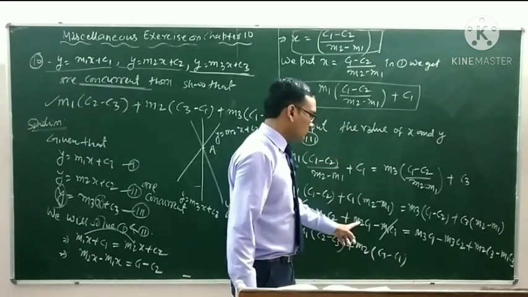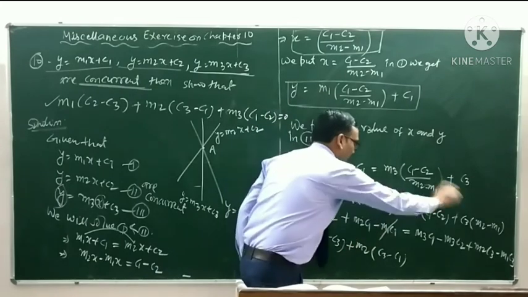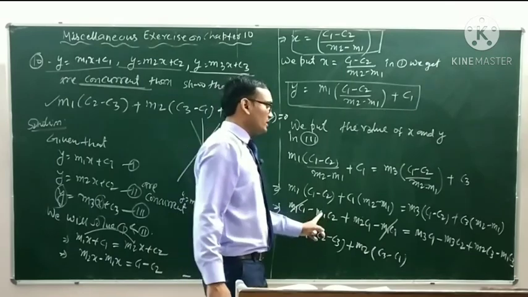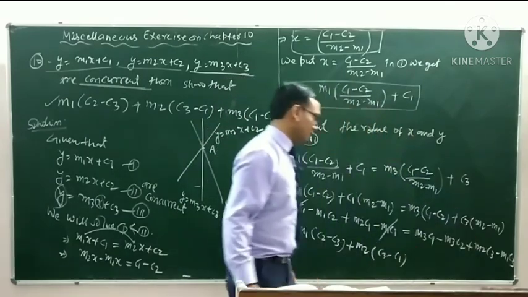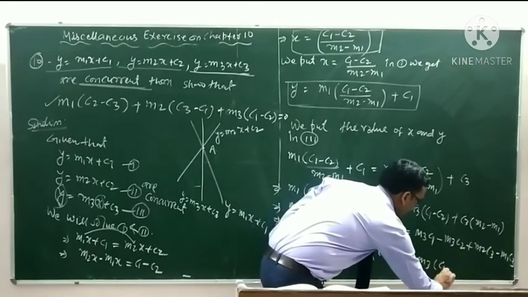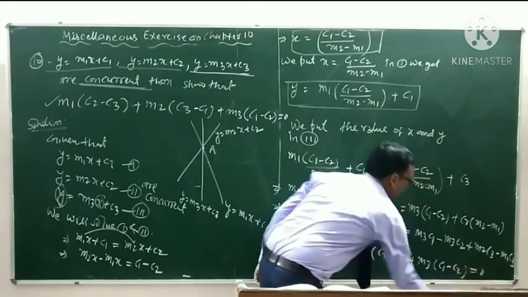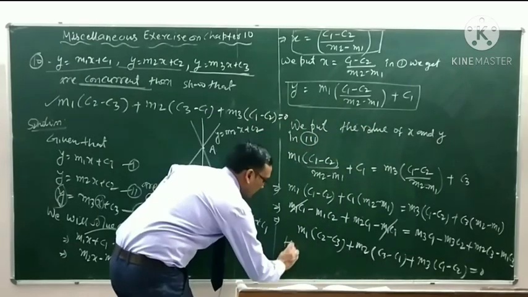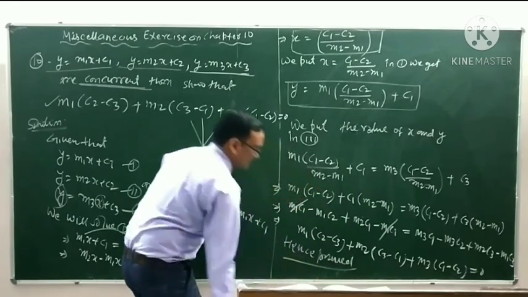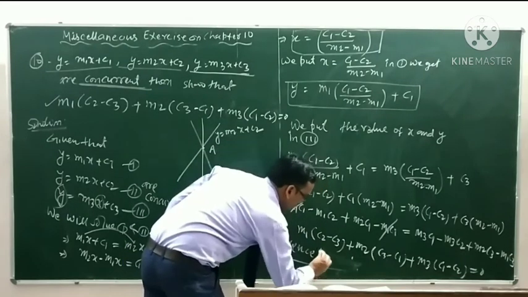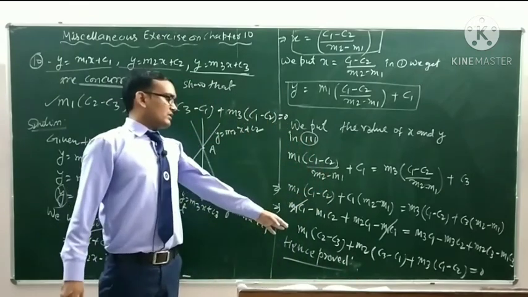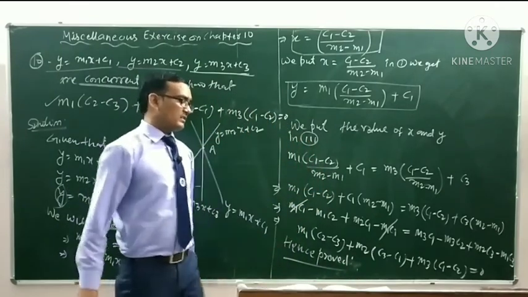Here m2 c3 is transferred to the left hand side, and m2 c1 to the right hand side as well, plus m3 into c1 minus c2 equal to 0. Hence proved, which is our required condition.